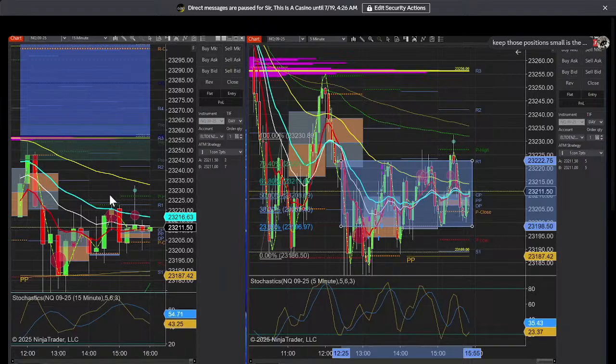Okay, here's my problem with small positions. Greed sets in. You're always wanting a little more. You get in with 3 minis or 3 micros, and it goes up, and you make, say, $100.